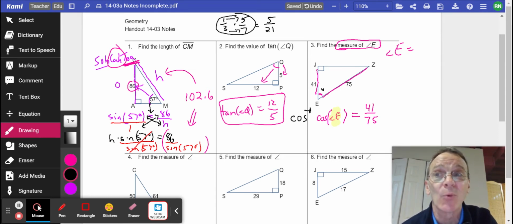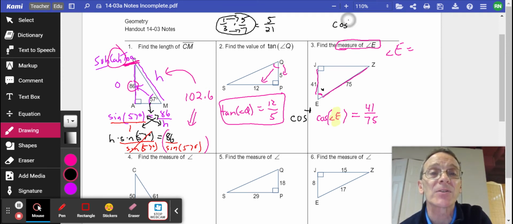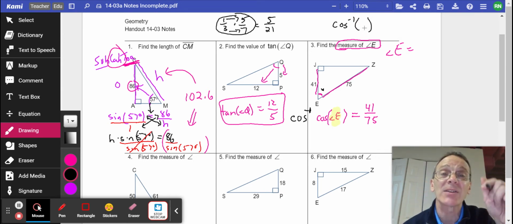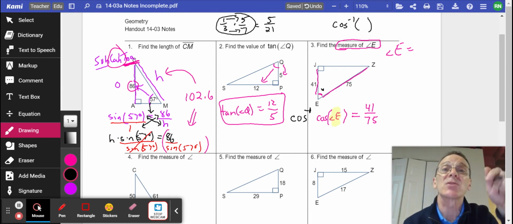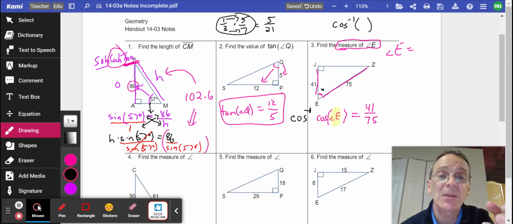I don't like it. I wish the mathematician who invented this had invented a different way of writing this, but we're kind of stuck with it. This is what people all over the math universe write. This is cosine inverse, but cosine inverse is a function which requires an input, just like sine, cosine, and tangent, just like the square root symbol requires an input.